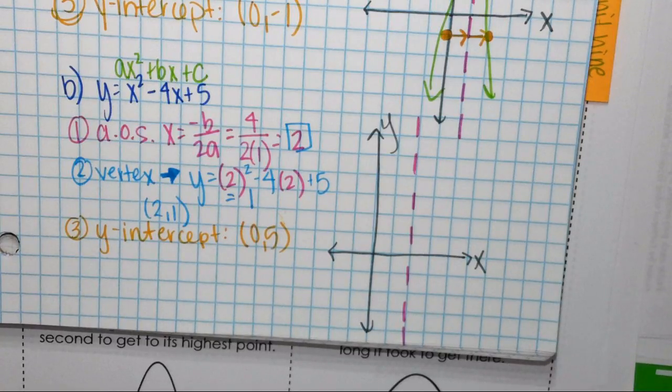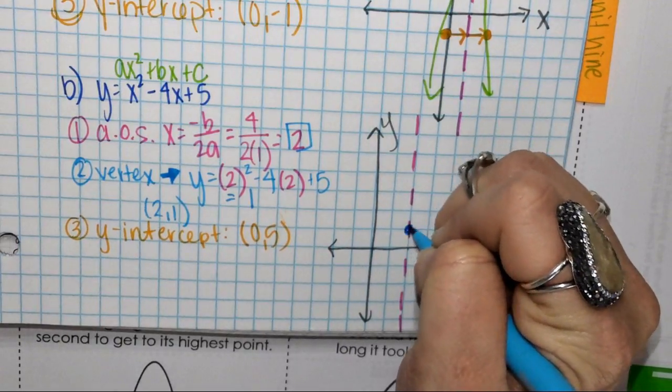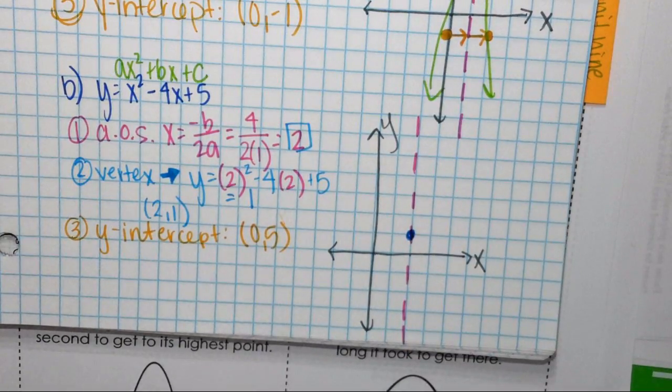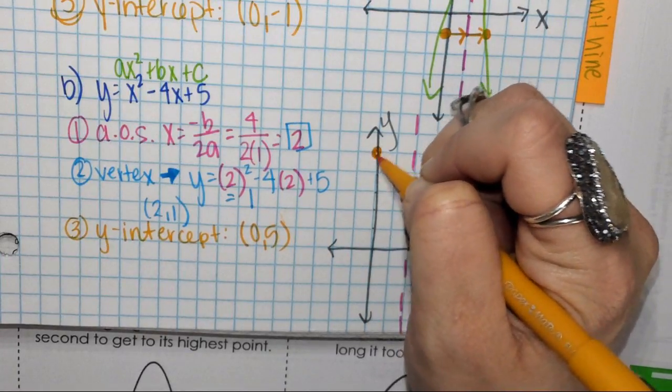All right, what is the first point that I plot on my graph? The vertex, which is at? So I go right 2, up 1. What is the next coordinate that I plot? Which is 0, 5. 1, 2, 3, 4, 5.